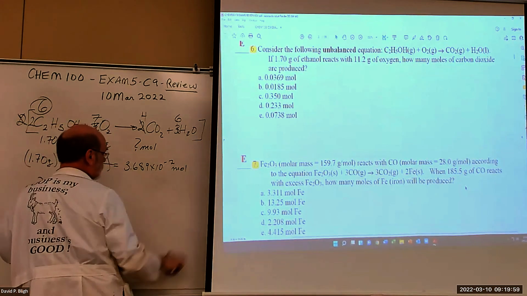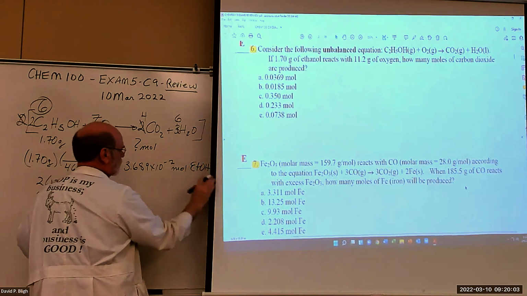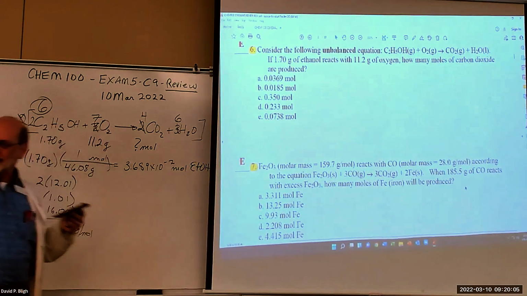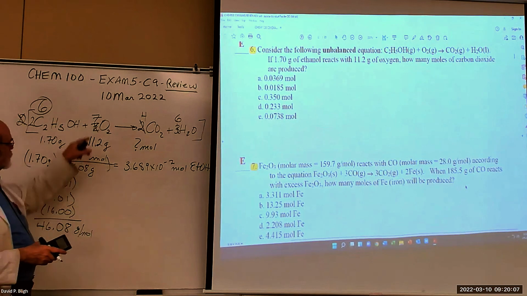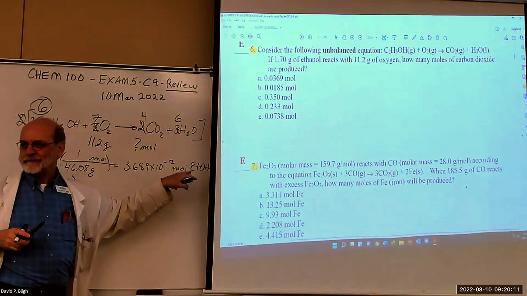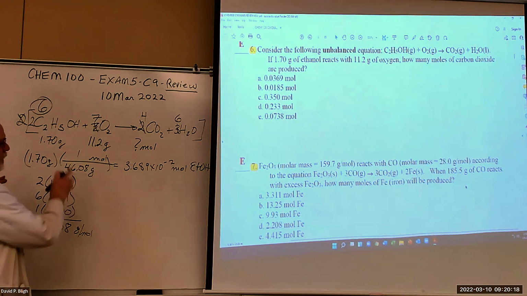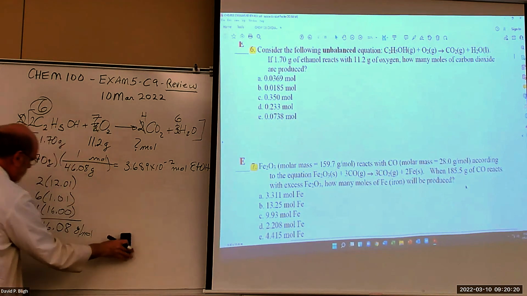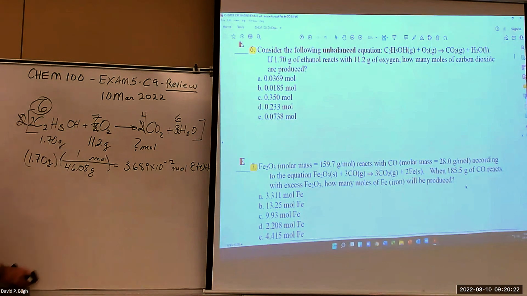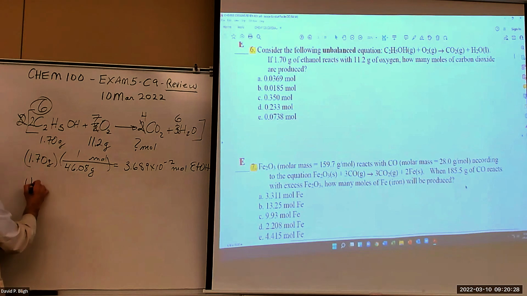Let's try that again. My abbreviation for ethanol, EtOH. The OH stands for the alcohol part, and the Et stands for the ethyl part. So now we know how many moles of ethanol we have. How many moles of oxygen do we have? 11.2 grams.